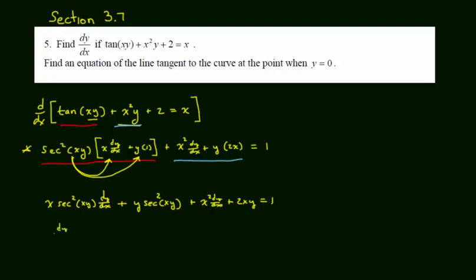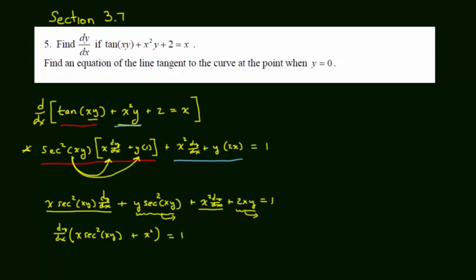So I'm going to factor dy/dx out of x secant squared xy. See, this term has a dy/dx in it, and this is the other term that has it. So plus x squared. And then I need to bring the other pieces to the other side via subtraction.